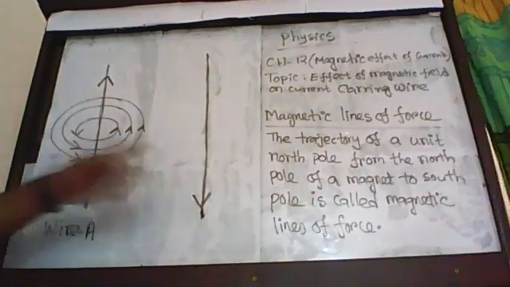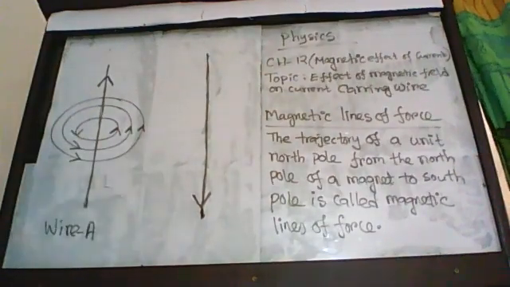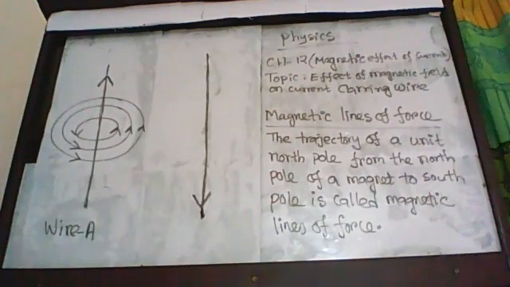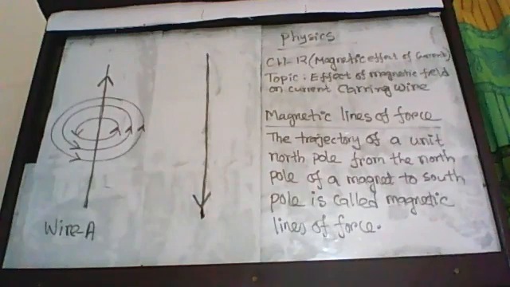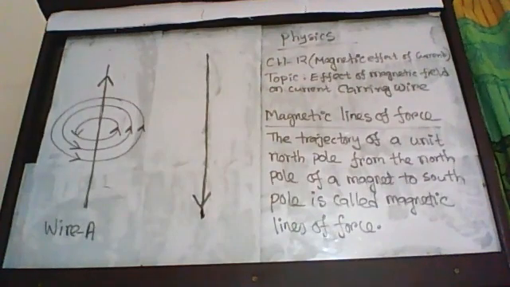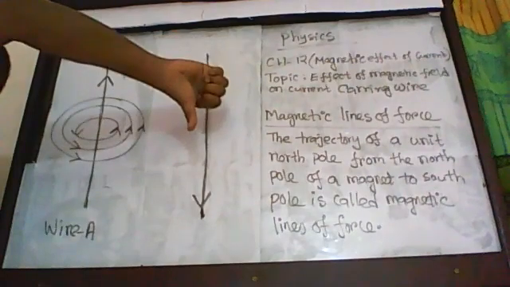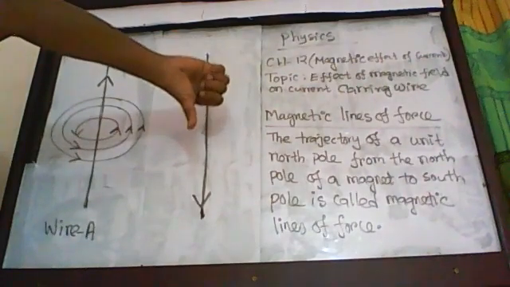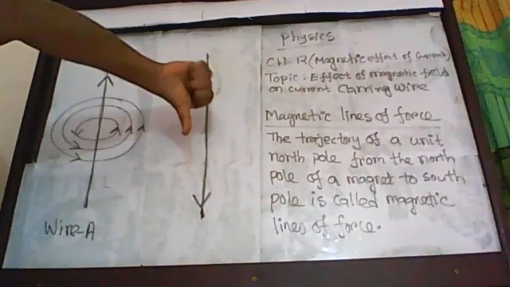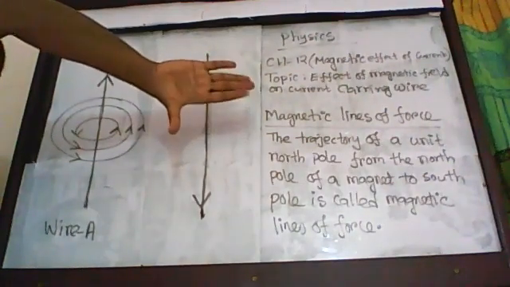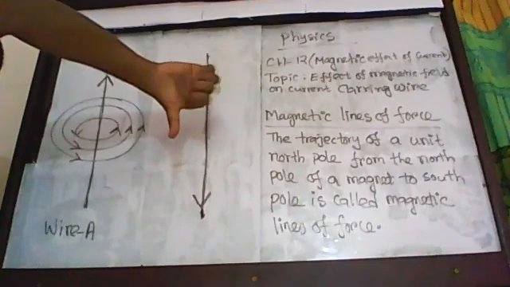In the previous one, the main condition is that you must put your right hand along the direction of current. Then this is the direction of magnetic field.